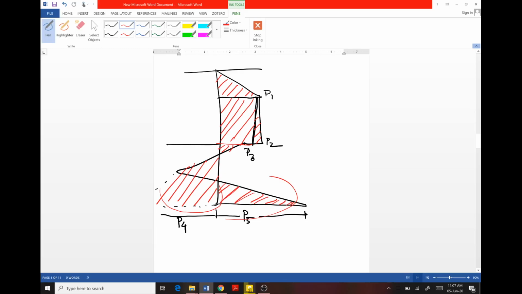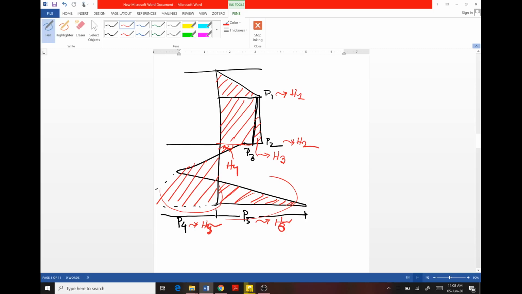Now the horizontal forces of the corresponding earth pressures we can write as H1, H2, H3, H4, H5 and H6.